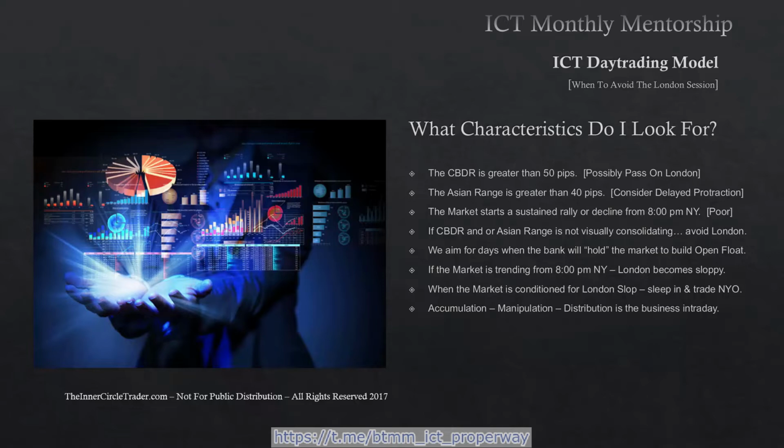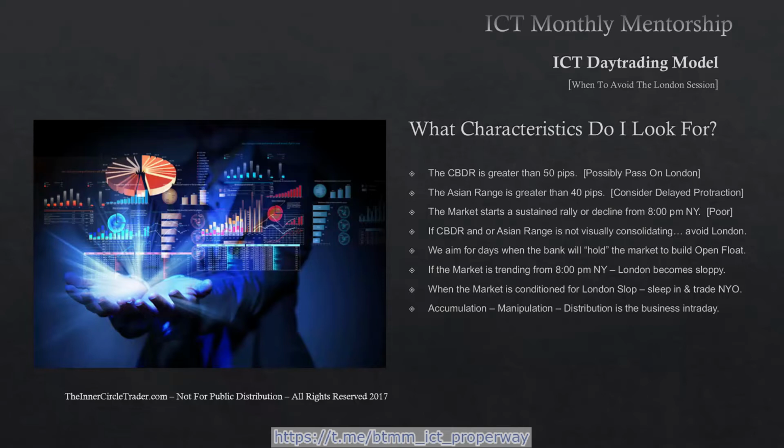Accumulation, manipulation, and distribution is the business of intraday trading. That's all it is. Intraday is the short-term horizon where banks can manipulate and knock people out, push in orders, and facilitate false sentiment ideas. So what we're looking for is these orders to accumulate in the marketplace.